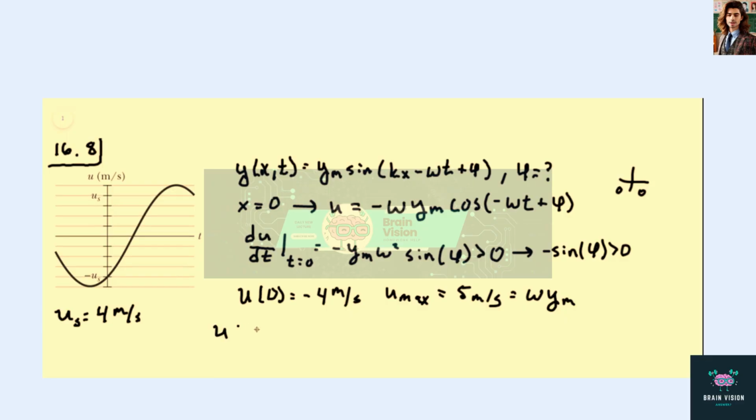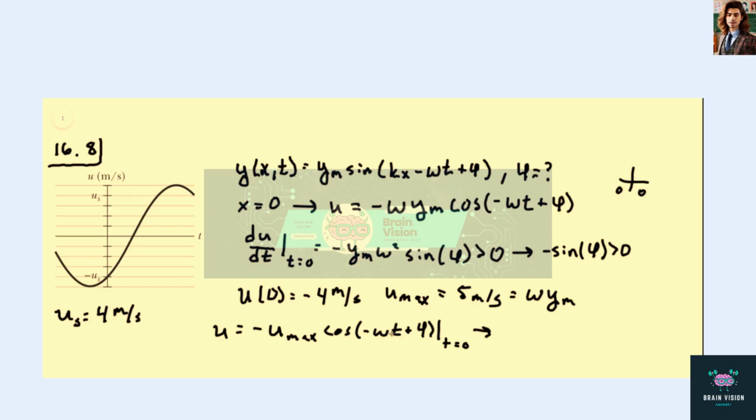So we have u equals negative u max times the cosine of negative omega t plus phi. We want this at t equals 0. So this is going to be 4, and this is going to be 5.